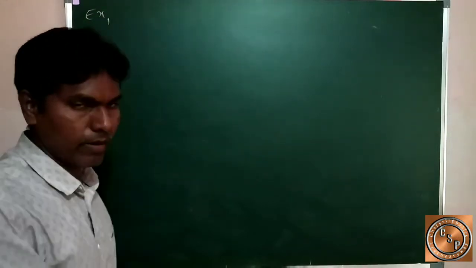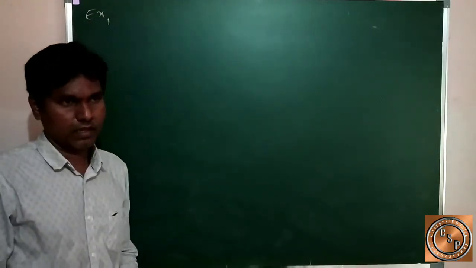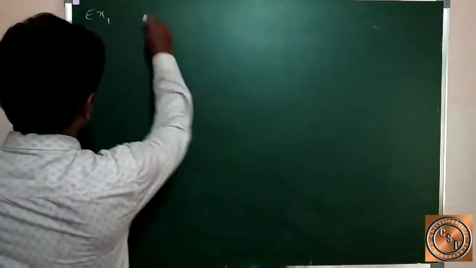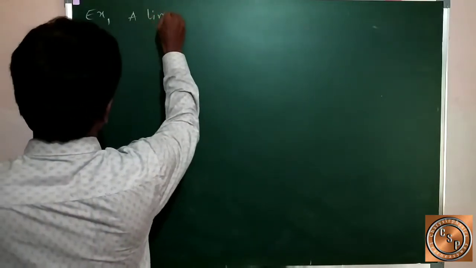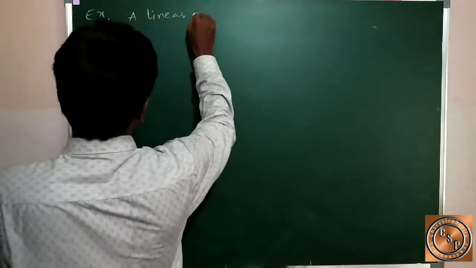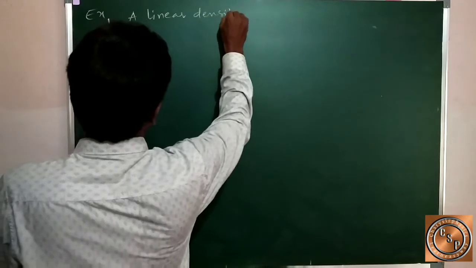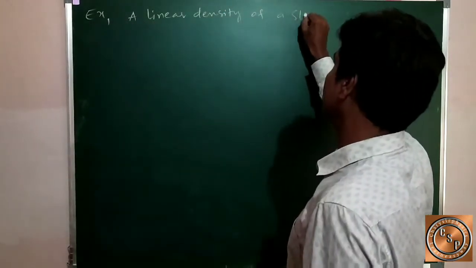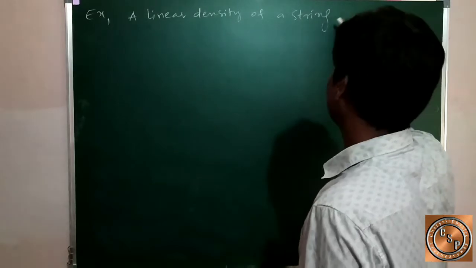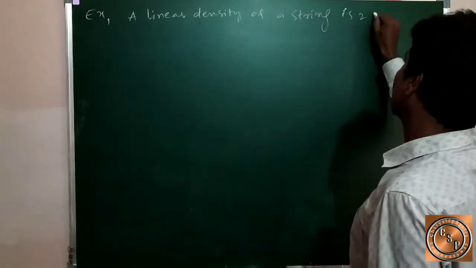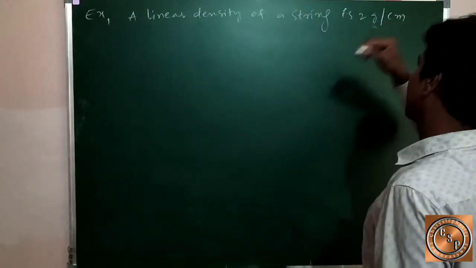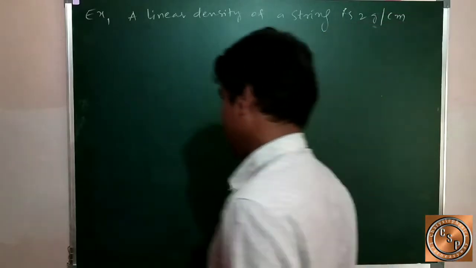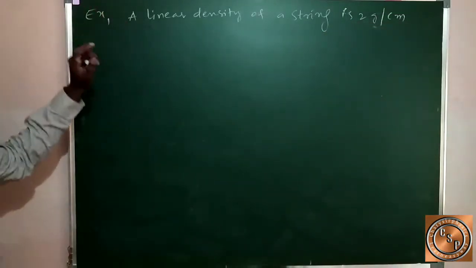So one example problem here. A linear density of a string is 2 grams per centimeter.